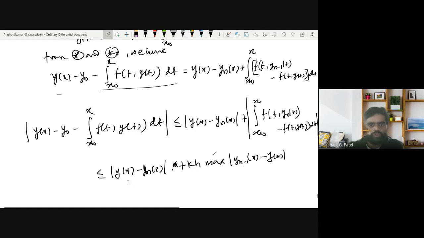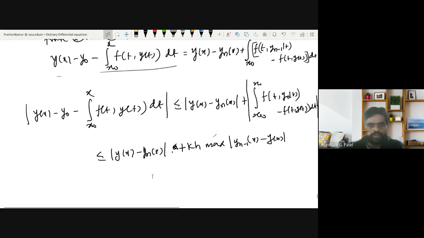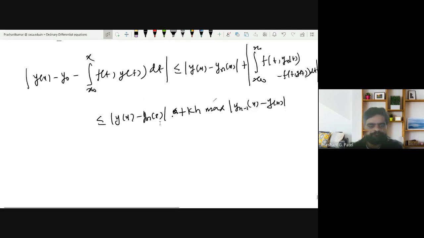So by uniform convergence of yn converging to y, this will tend to 0 as n tends to infinity, because this will tend to 0 and this will also tend to 0, maximum of that, due to the uniform convergence. So this is because yn converges to y uniformly.